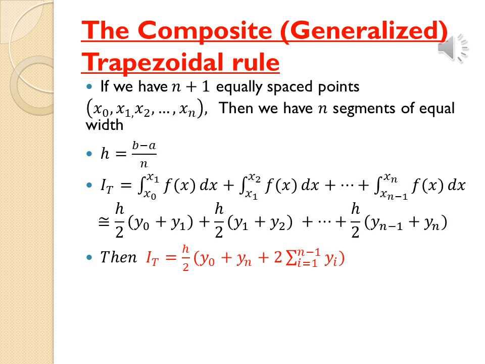So I trapezoidal equals h over 2 times y naught plus yn plus 2 times the summation of all points yi. Okay, we will explain it with different examples.